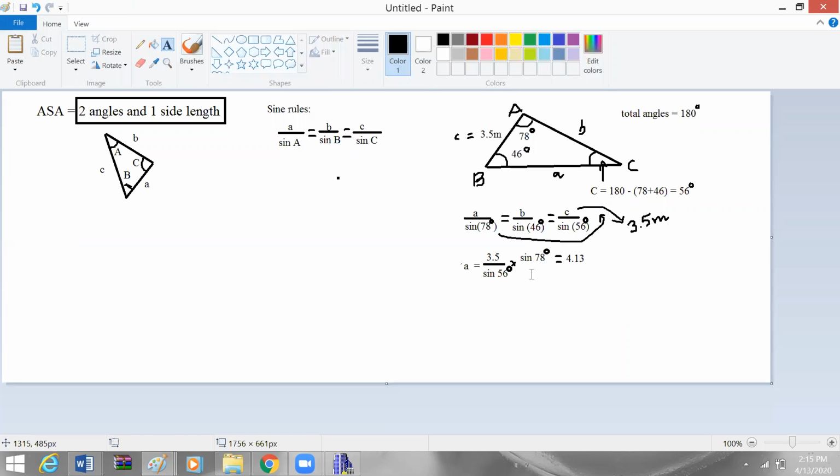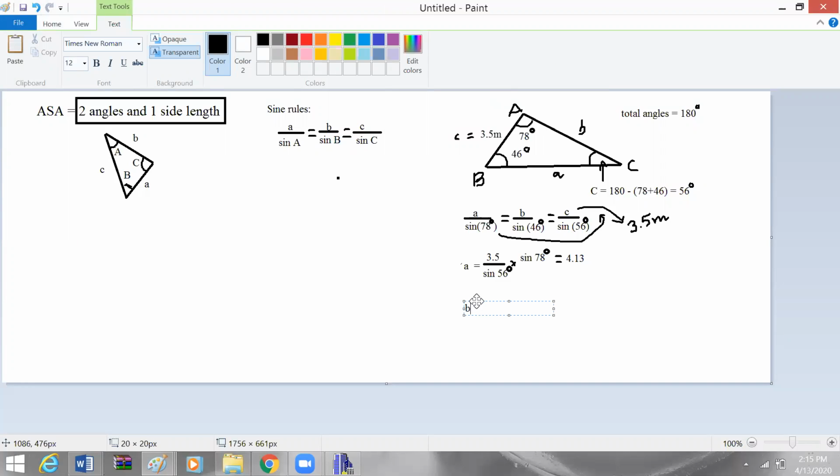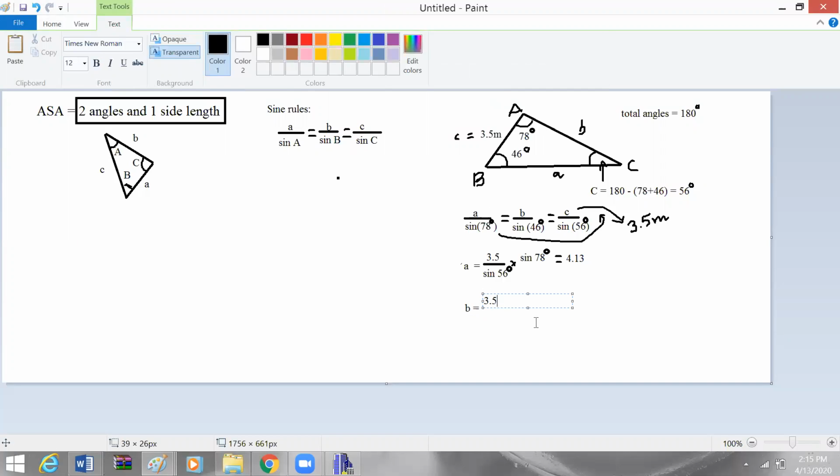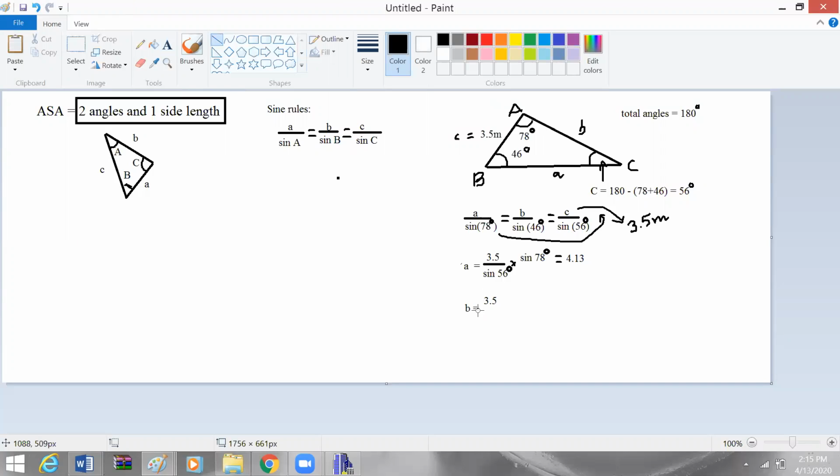Similarly, I can solve for b. For the side length b, we can use a as well, but it's better to use c. Remember, for the side length we use a small letter, which would be 3.5 again. Then we divide by sine of 56, because the angle has to go with the side length, so the sine of 56 has to go with 3.5.